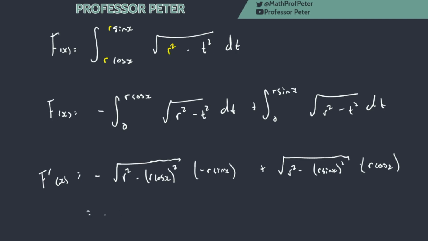And what you'll notice is that we get r squared times sine squared x plus cosine squared x, which is just r squared. Now this is still a constant, so that still means that our antiderivative of this, the function capital F, is linear. But now it has a slope of whatever r squared is.